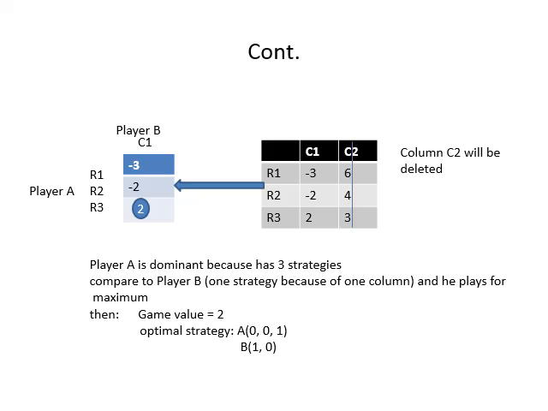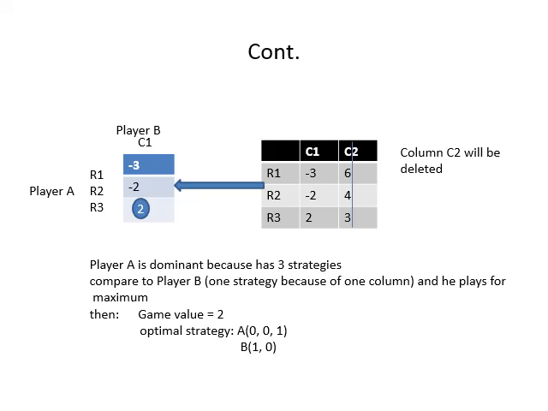And because player A plays for maximum, we will choose because he is the dominant player now. Then game value equals optimal strategy equals 1, because of the third strategy.